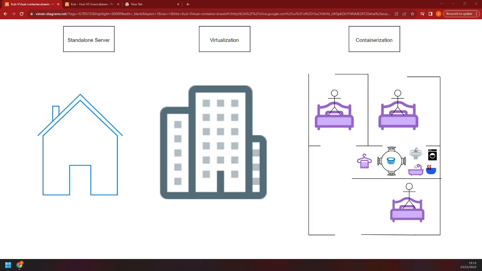Virtualization is even better than a standalone server. If you think about moving a house from here to another house, that's an even lengthier process because it's a standalone server. So it all comes down to how your application is designed and configured.